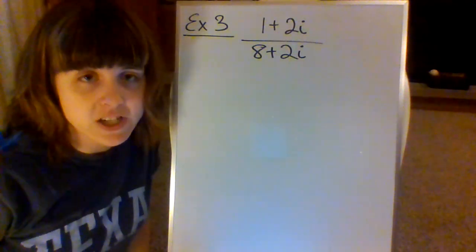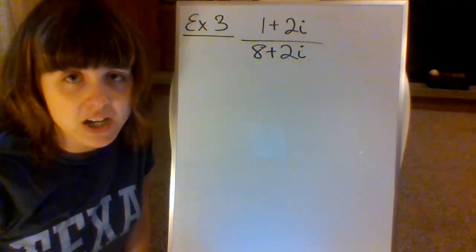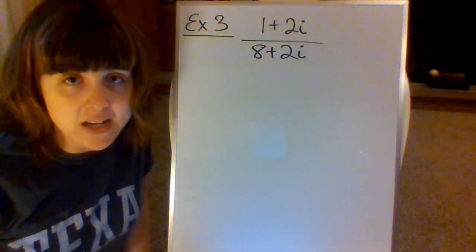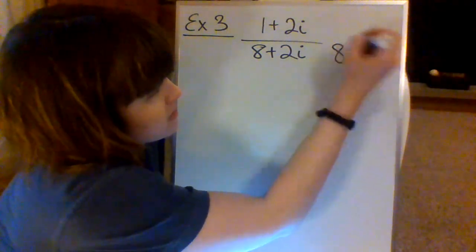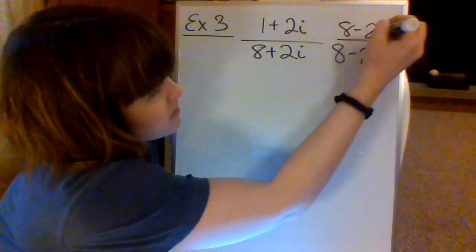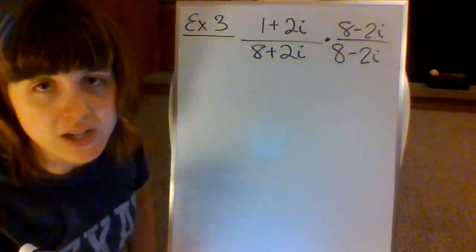So we need the conjugate of 8 plus 2i, which is going to be 8 minus 2i. We're going to multiply the top and the bottom of this fraction by 8 minus 2i.